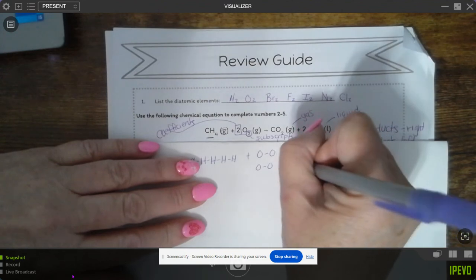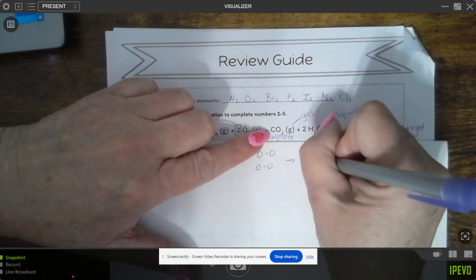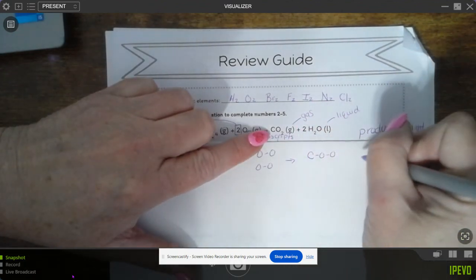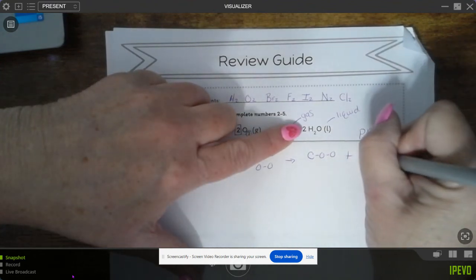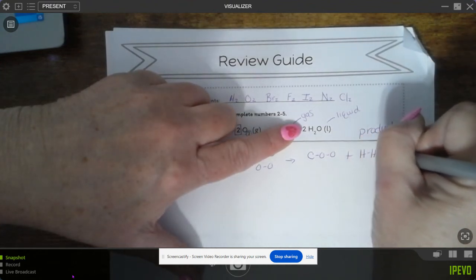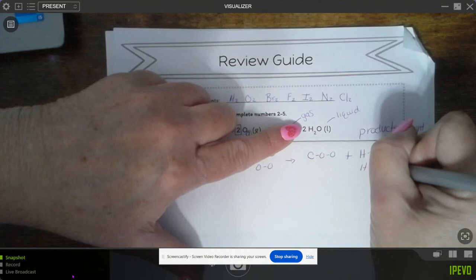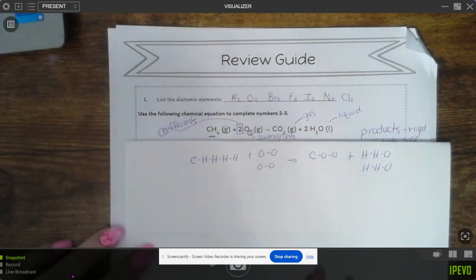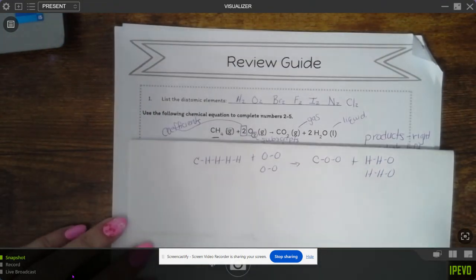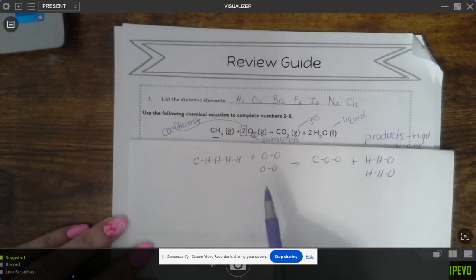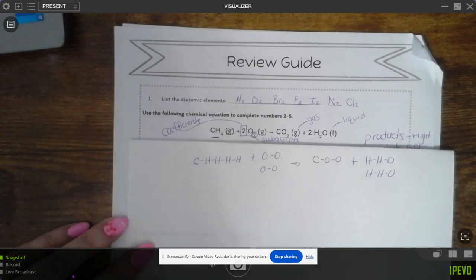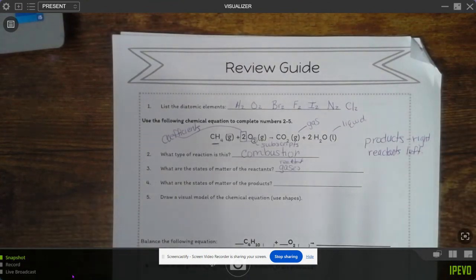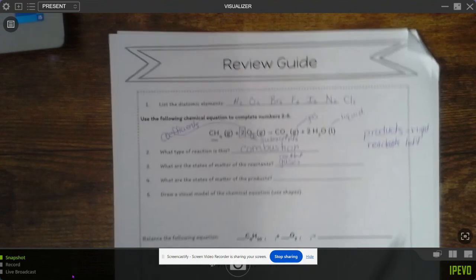That produces a CO2, so C, O, O, plus two H2O, so H, H, O, H, H, O. Basically all we want you to do in that little question is show us that you can count atoms and represent them, not written in their chemical formulas.